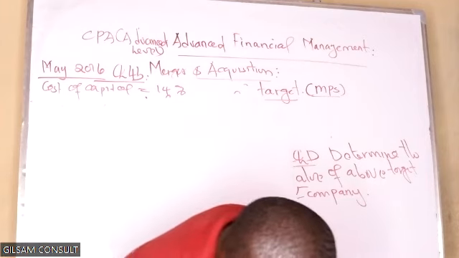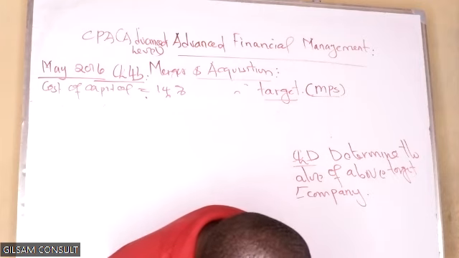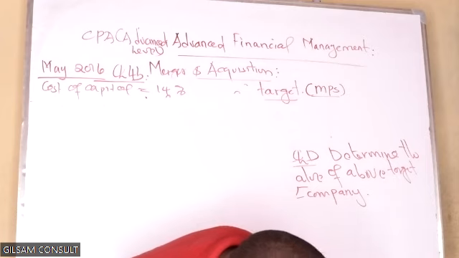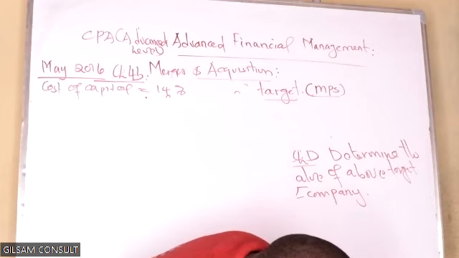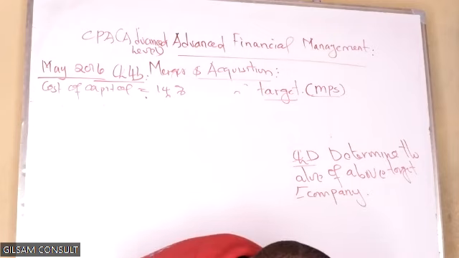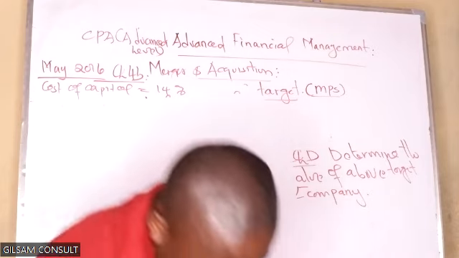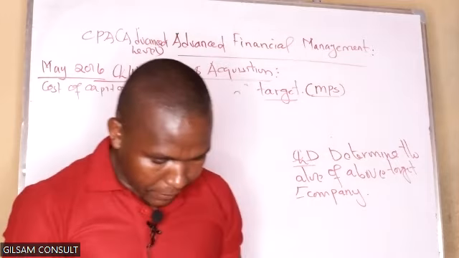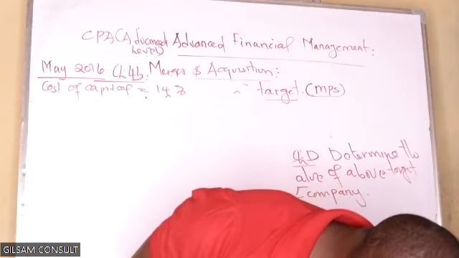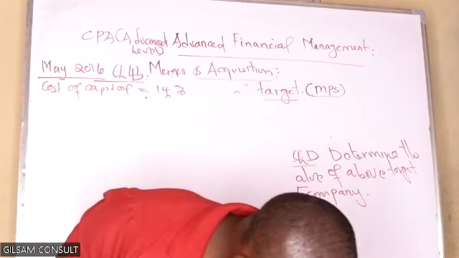If they are using the earnings multiple, so now we have gotten the CAPM, what is the overprice and how do we get it?